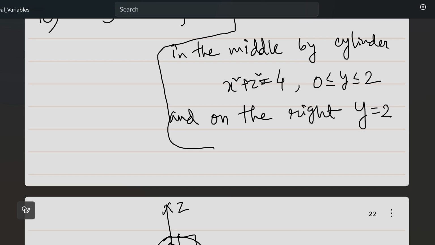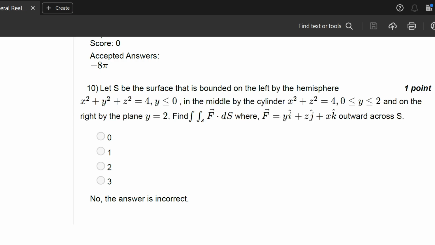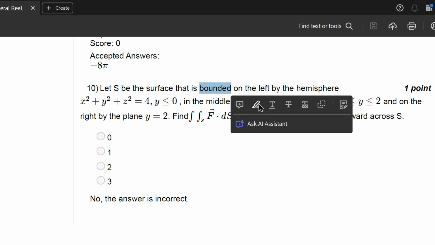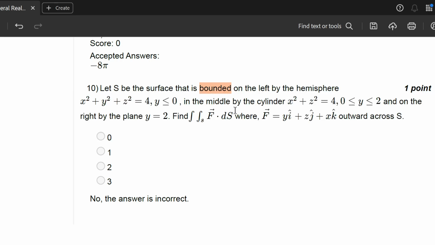I don't know how to draw this graph, but the main part is that the hemisphere is bounded, and the surface is bounded. Did you understand this? So even if you are not able to draw the graph, since it is bounded, you can apply the divergence theorem.